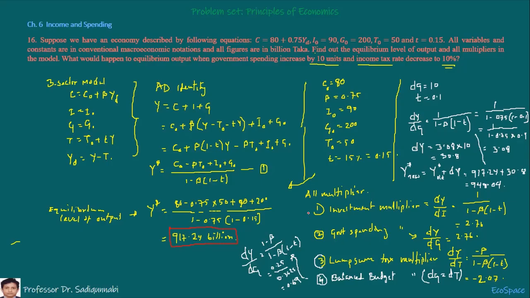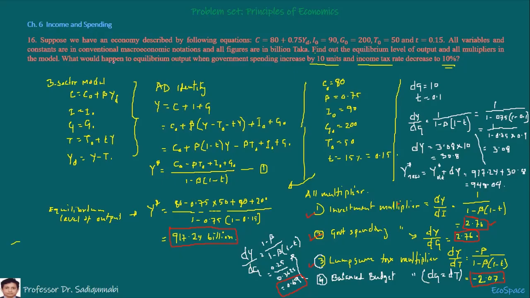So equilibrium output is this, and all multipliers: multiplier number 1 is the investment multiplier, which is 2.76, as well as the government spending multiplier is also 2.76 because they are the same. Lump sum tax multiplier is minus 2.07, and balanced budget multiplier is 0.69. This is the first part of the problem.